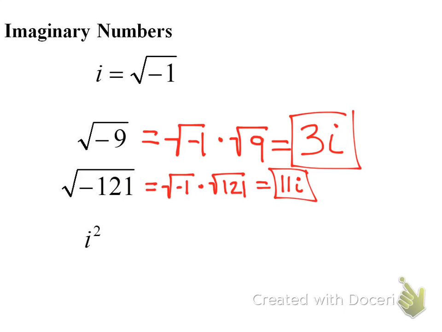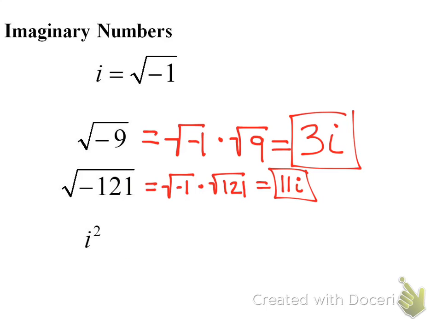Yeah, so anytime you get a negative in the square root, you could just say i. So you could definitely jump from this one to this one. We know the square root of 121 is 11. We know the negative is going to give us an i. So there we go.